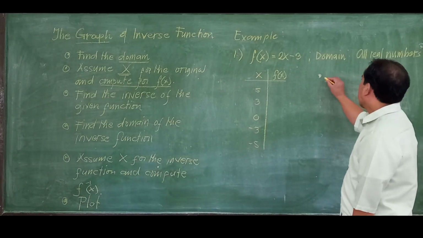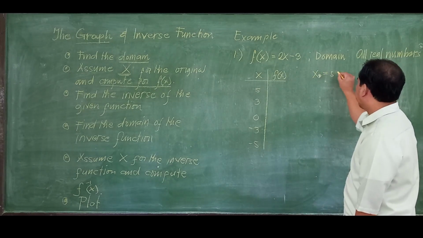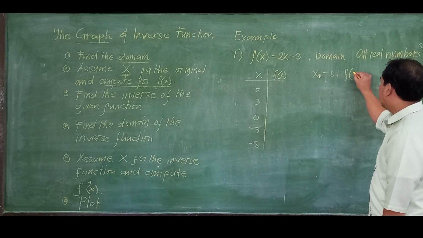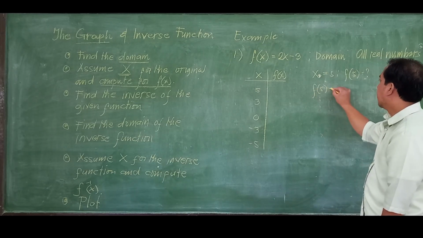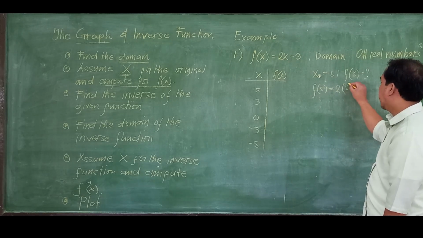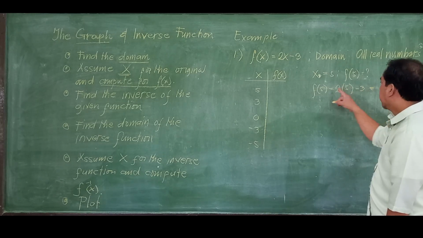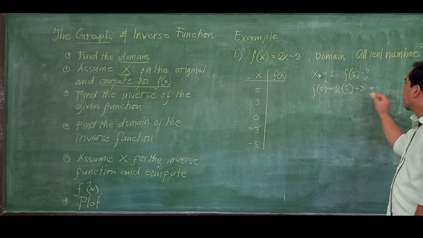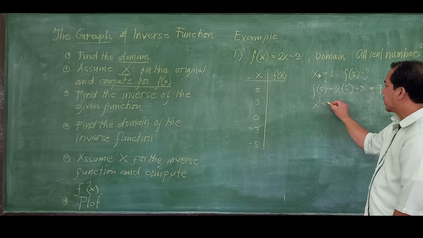We have in here, if the x is said to be 5, what would be now the f of 5? So we have now f of 5 is equal to 2 multiplied by 5 minus 3. And so it will give you now 7. What about if your x is 3?